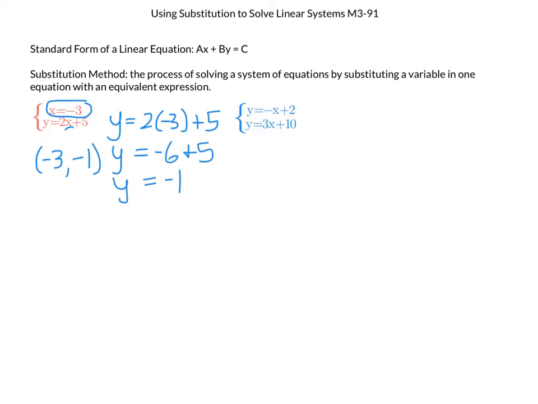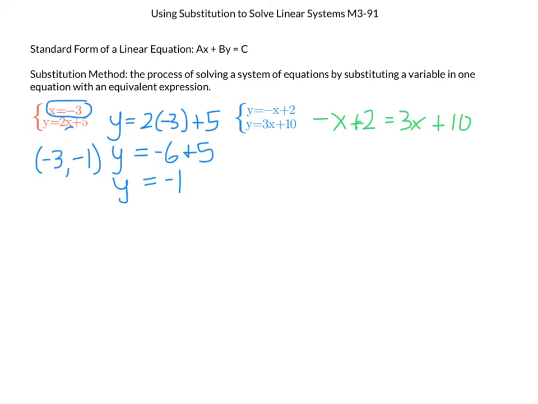And since we want the y value where they're equal, we can simply replace this y with this expression. Since the y's are equal, I can put -x plus 2 in place of this y. So that's what I'm going to do. And I write it out: -x plus 2 equals 3x plus 10.